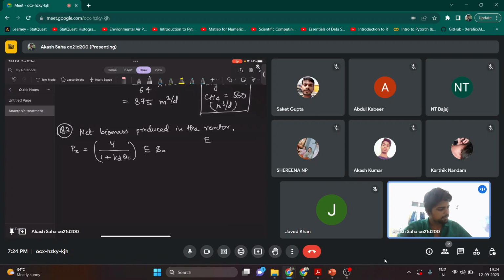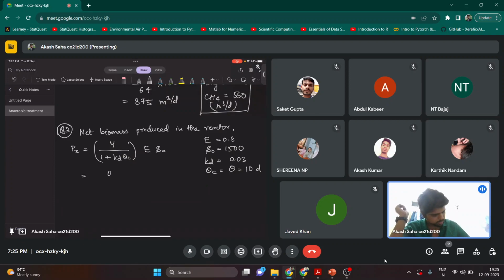Here E value is 0.8, S naught value is 1500, kd value is given as 0.03, and theta c I will take as 10 days, because I am considering the mean cell residence time and HRT to be the same.